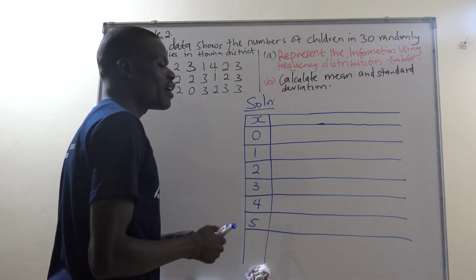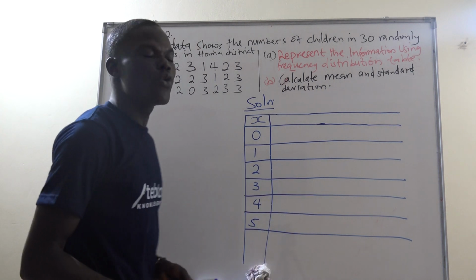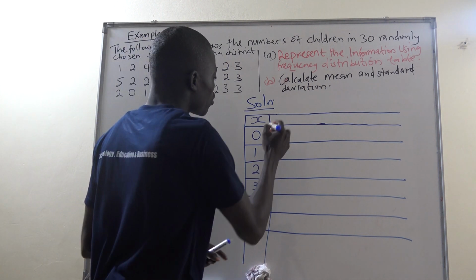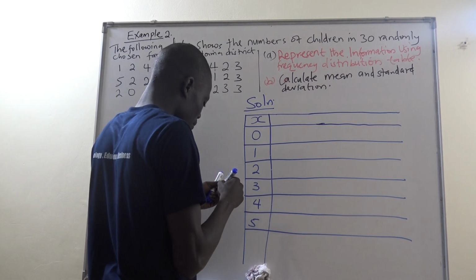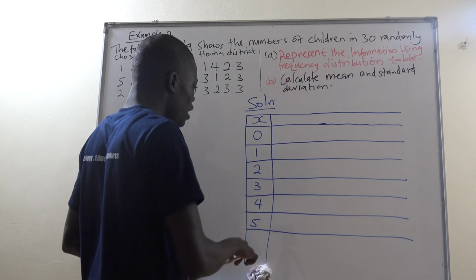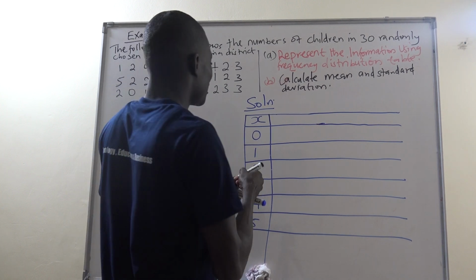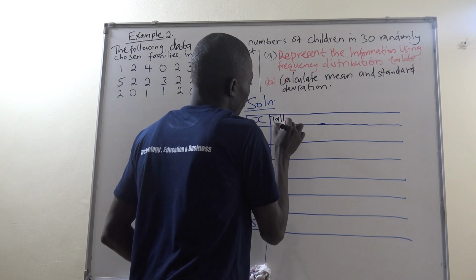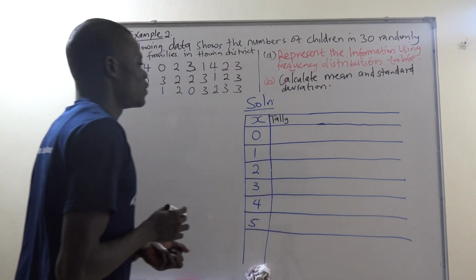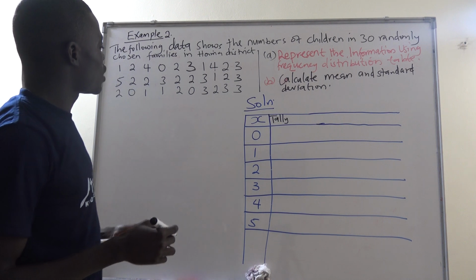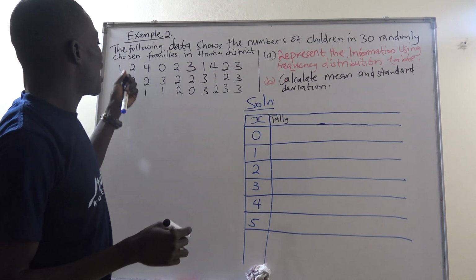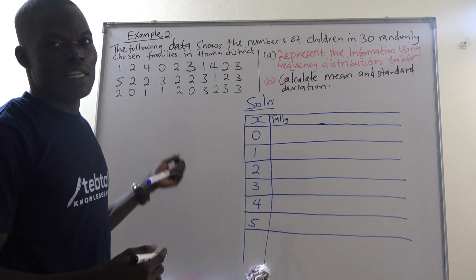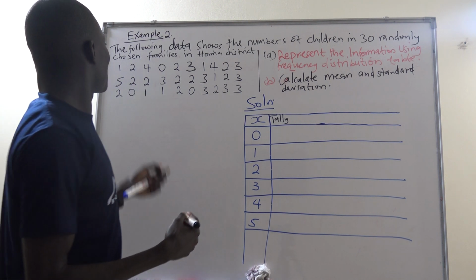We said when these values are repeating, what we do to organize them in a frequency table is to include the column which we call tally. This tally column, we use it to find the number of times each number is appearing, or each variable is appearing.